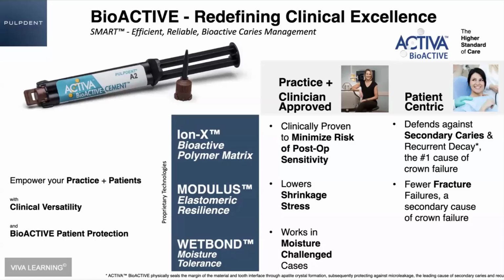The rubberized urethane in these products seems to enable a little more flexibility, not being as stiff, and actually works more congruently with the tooth rather than being so rigid and hard. And again, this bioactive patient protection works in concert with moisture challenge cases.